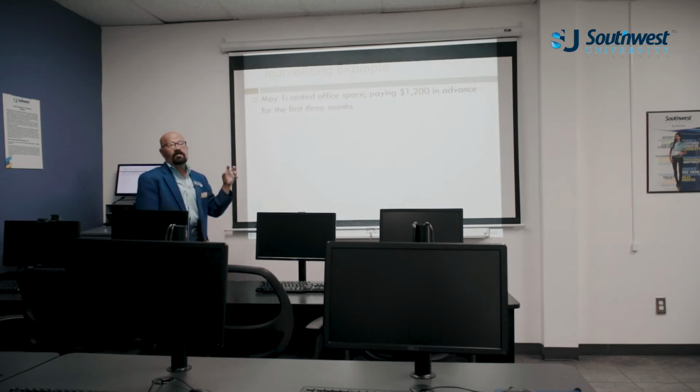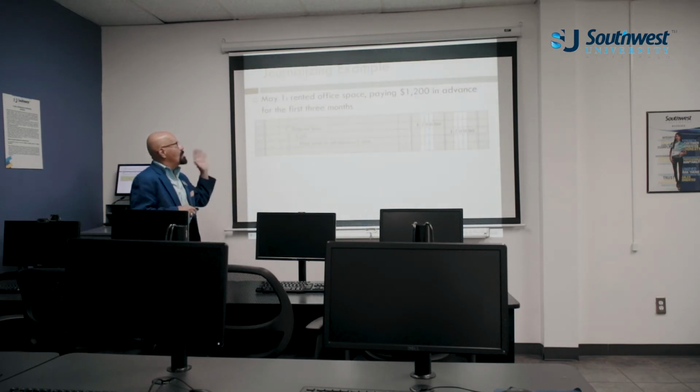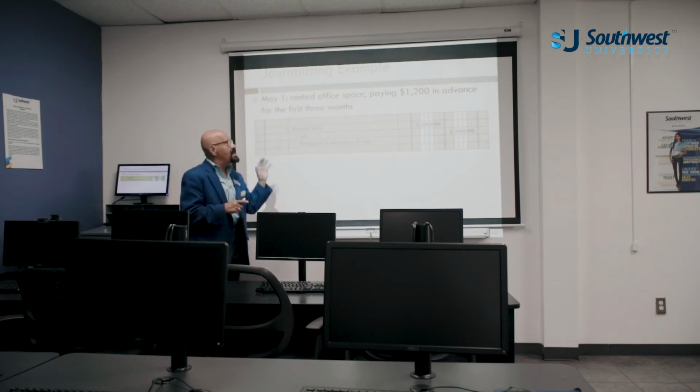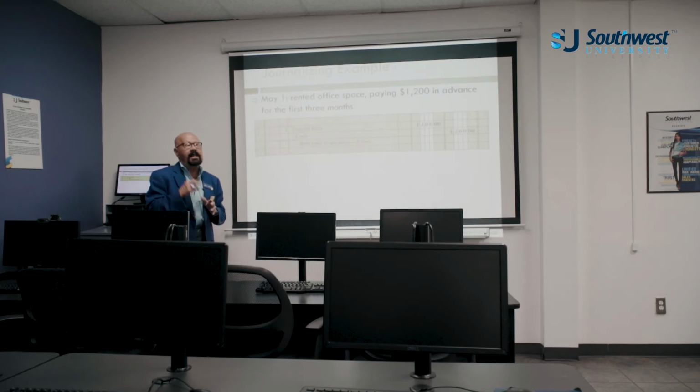A lot of people that own businesses, if they don't know you and you're kind of new, they're going to make you pay up front. So, we're going to call this prepaid rent. Now, the IRS says anything you prepay initially is going to be put under prepaid, and prepaid is an asset. Why? Because that's what they want us to do.